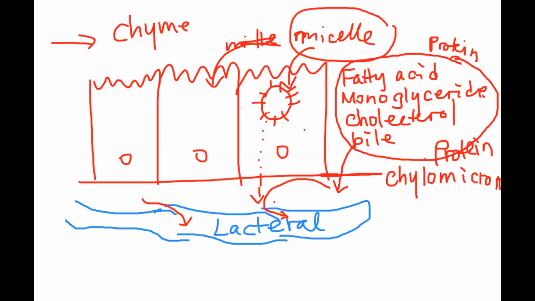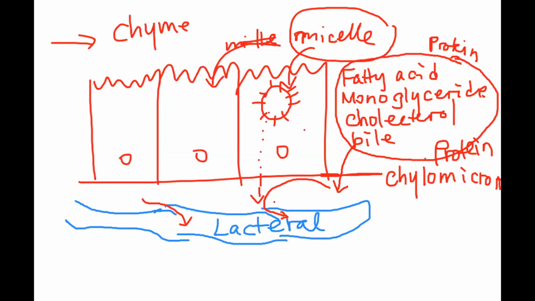Once the chylomicron gets to the lacteal, it can be transported into the lymphatic collecting vessels, the trunks and ducts, and then back to the subclavian vein. Then it gets into the blood. In this way, we say the fatty acid and the small fat can be absorbed into blood.